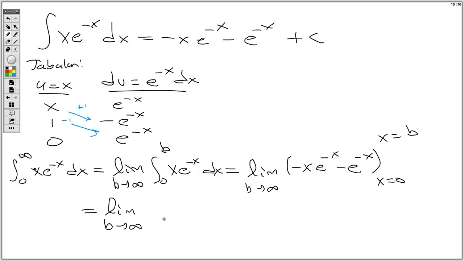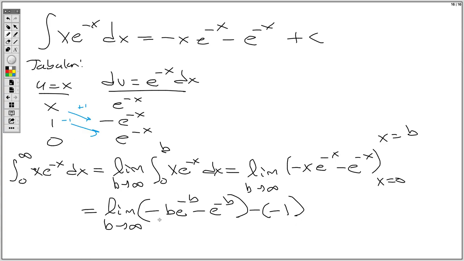Limit as b goes to infinity of minus b e to the minus b minus e to the minus b minus, plugging in x equals 0 is going to kill off that first term. And I got a minus e to the 0, which is a minus 1.